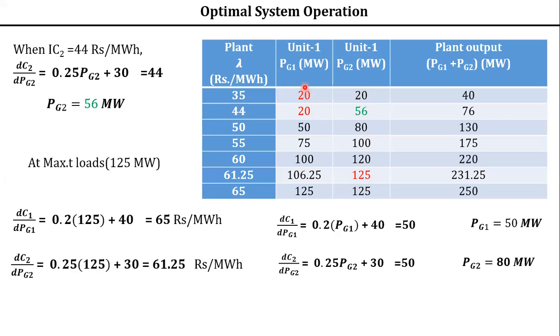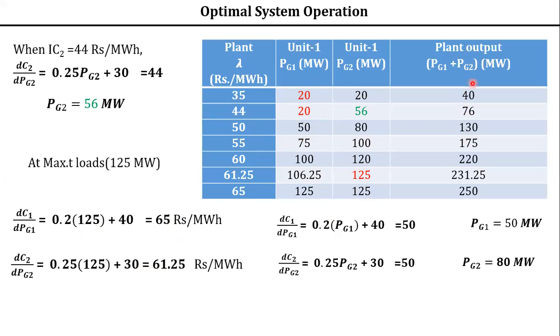Only thing is, these two you have to keep in mind: when you have to make it constant at minimum load, at maximum load. This is very important. And for intermediate values of lambda, you calculate Pg1, Pg2 using your incremental cost equations. This is the key point. Understood? When you have to make it constant for which unit is very, very important.